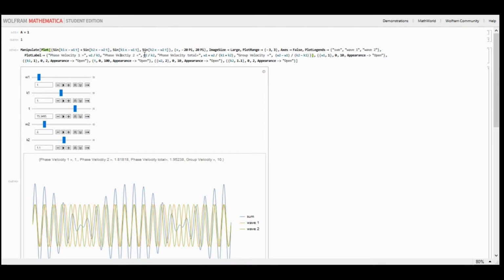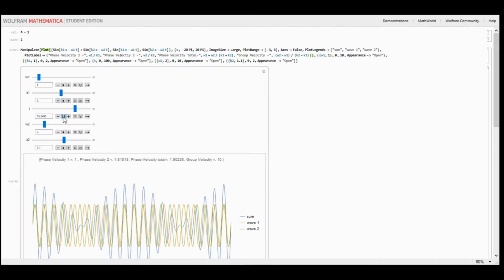The second wave travels with omega 2 over k2. And the sum of those 2 waves travels with the average frequency over the average wave number. And the group velocity is the difference in the frequencies divided by the difference in the wave numbers. And so that's how I'm calculating these up here.